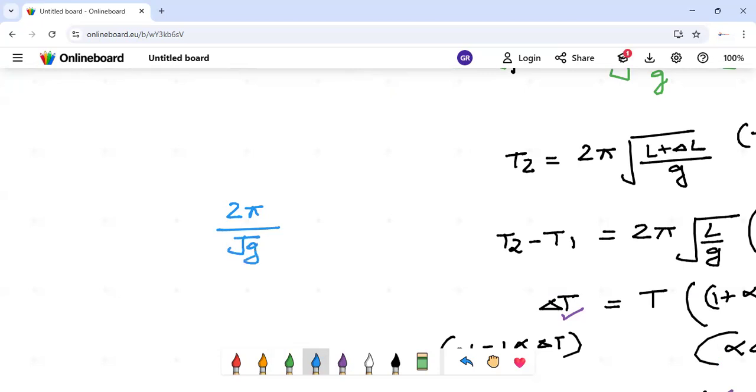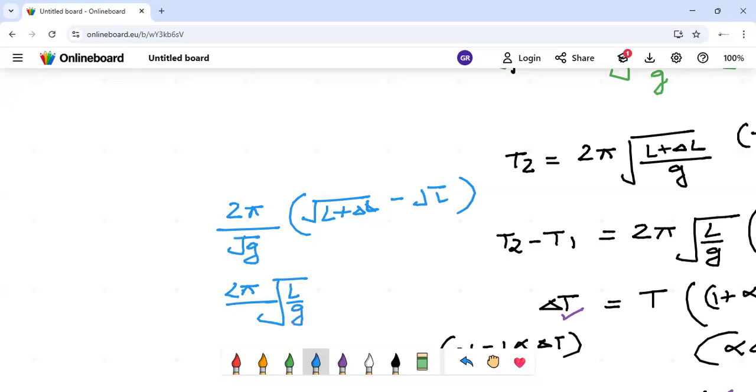What I am left with is root of L plus delta L minus root L. I want to take root L also common, so I multiply and divide by L with delta L, so that I can take root L common from this. So it will become root over L by G.